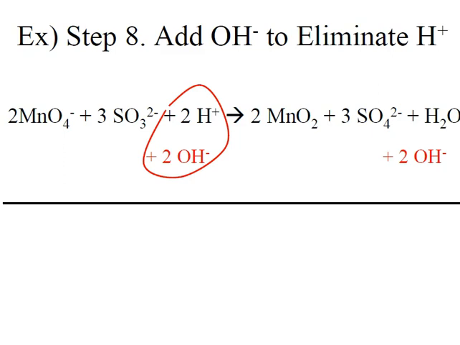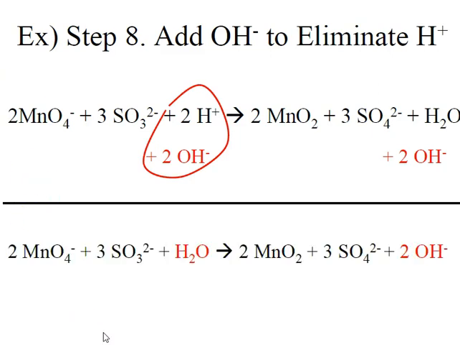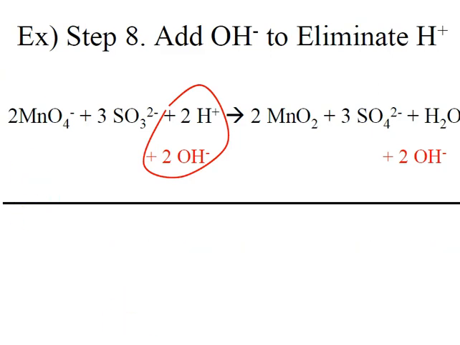Now, what do you think OH and H+ do when they get together? Think about it. HOH. What is that? HOH is, of course, water. So when we combine these two, we are in fact making 2 waters.